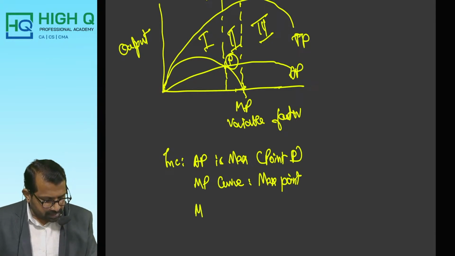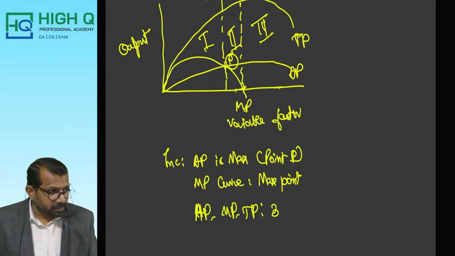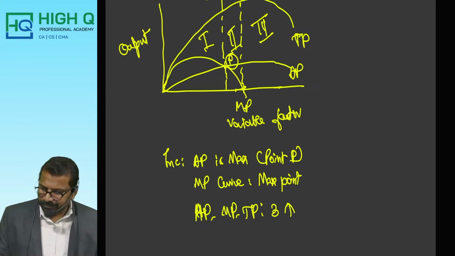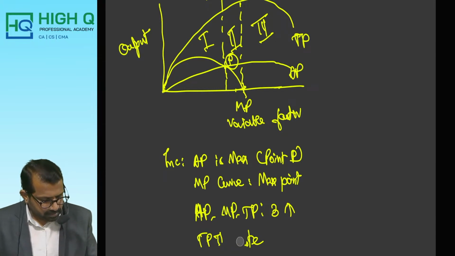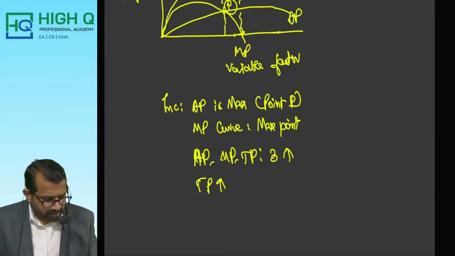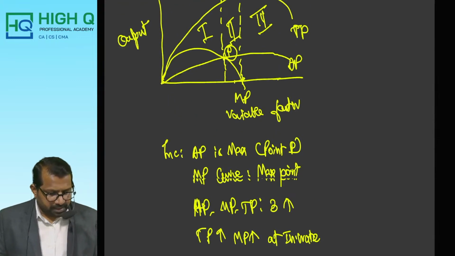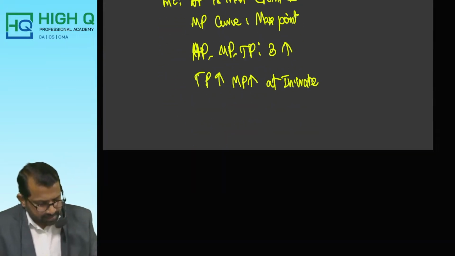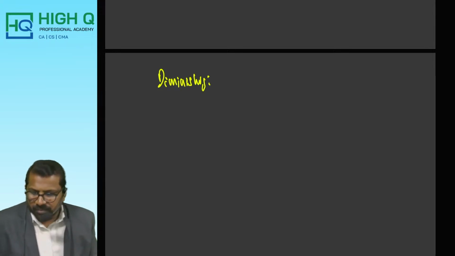In this case, average product, marginal product, and total product all started to increase. Total product increases at an increasing rate, and marginal product also increases. This is the first increasing stage. The second stage is the diminishing stage.